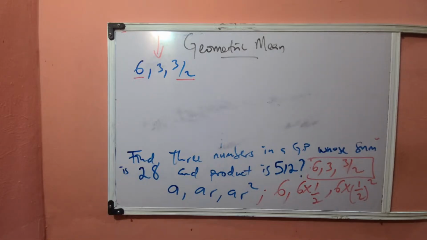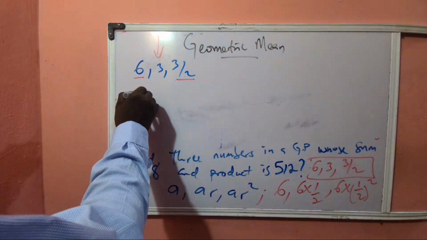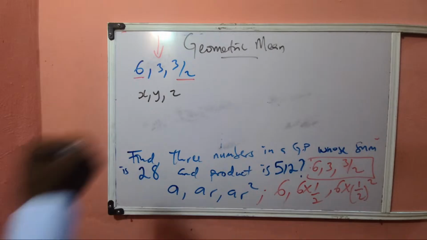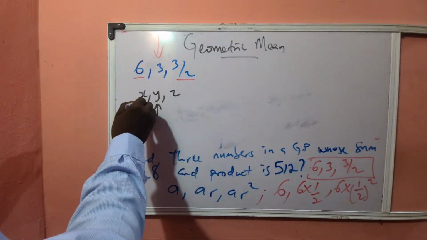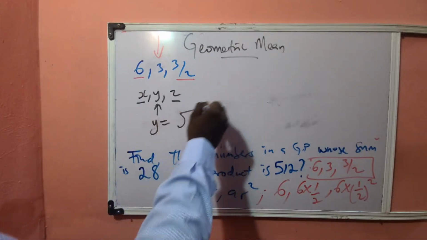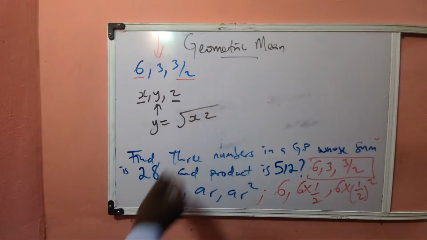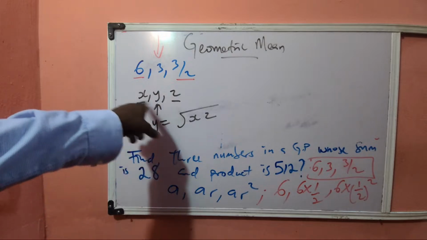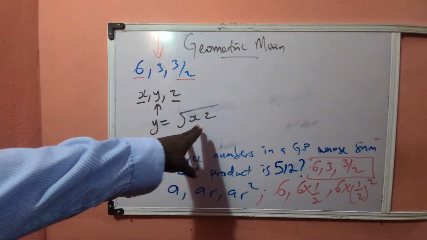If we have, in general terms, X, Y, Z as three consecutive terms, the geometric mean will be given as Y. Obviously, the geometric mean between X and Z is Y, and Y will be expressed in terms of the square root of X and Z. I want you to note this very carefully: the geometric mean between two values is always the middle term, and it's gotten by getting the square root of the product of X and Z. This is just what it is.